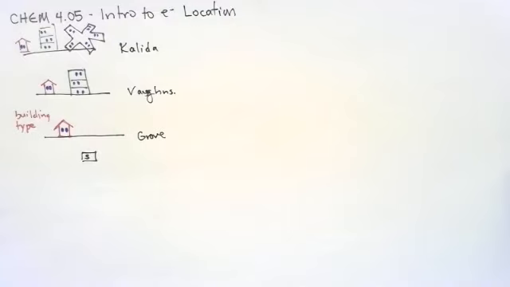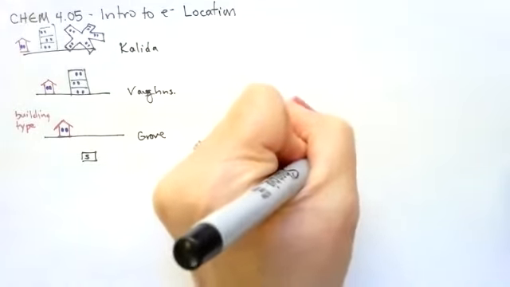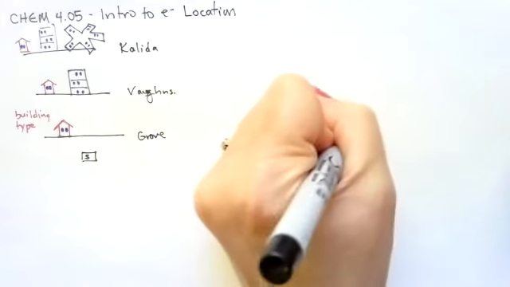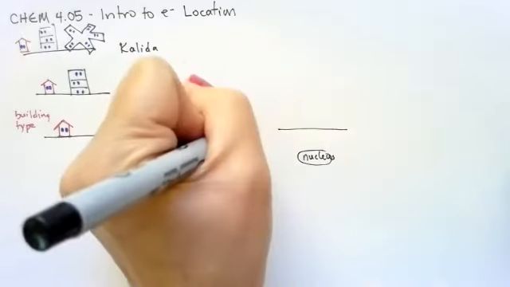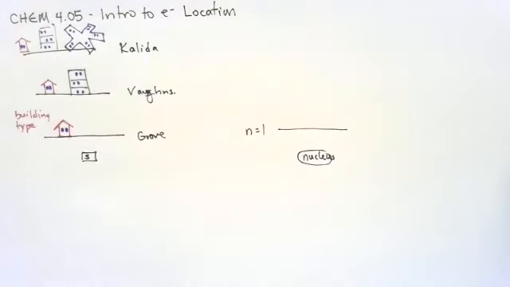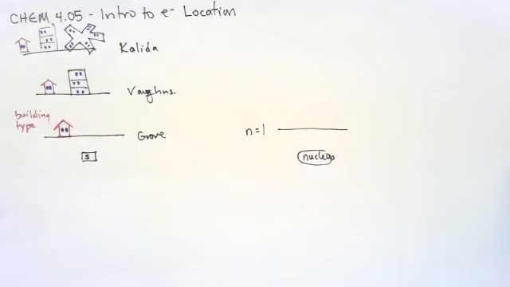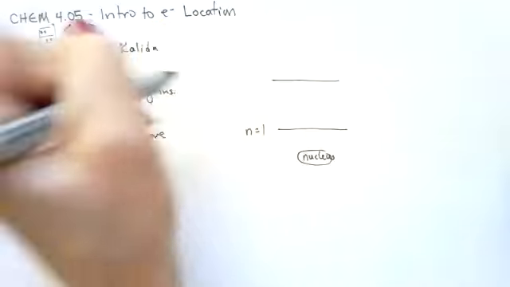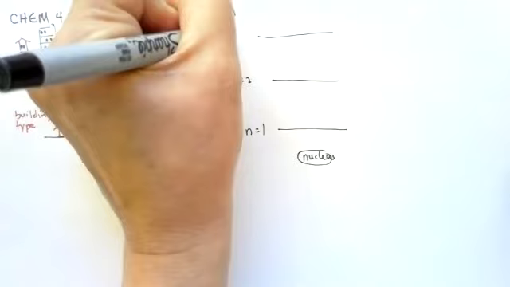Well, an atom is the same way, except instead of starting at the school, we're going to start at the nucleus. And we come out a little ways from the nucleus, and instead of a town, we have n equals 1. Let me draw all 3 of these out: n equals 1, n equals 2, and n equals 3.